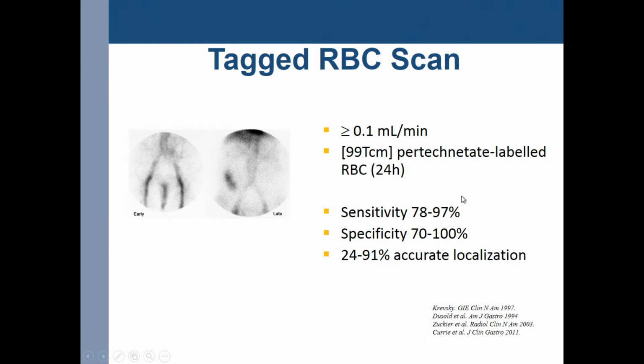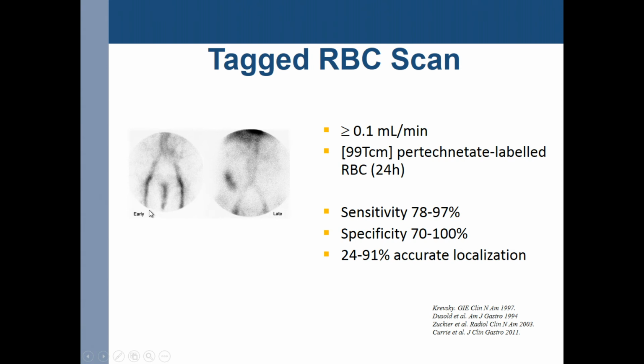This lasts in their bloodstream for 24 hours. So if the initial test is negative, but they rebleed within that 24-hour period, the patient could be sent back down for another scan. The sensitivity ranges anywhere from 78 to 97%. Similar range of specificity, and accuracy of localization varies widely from 24 to 91%.